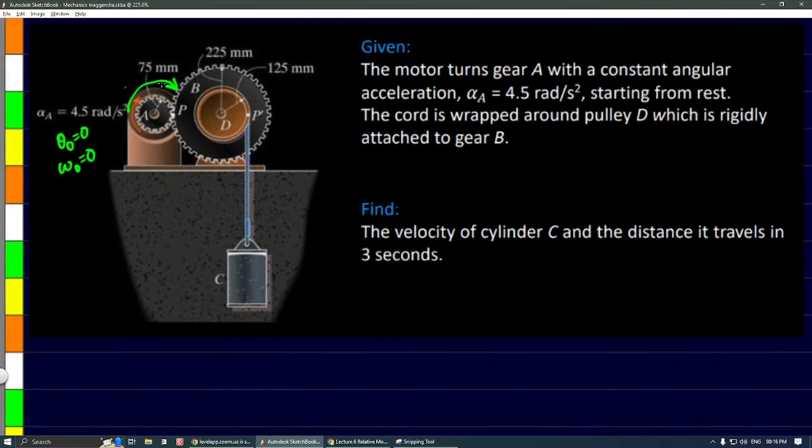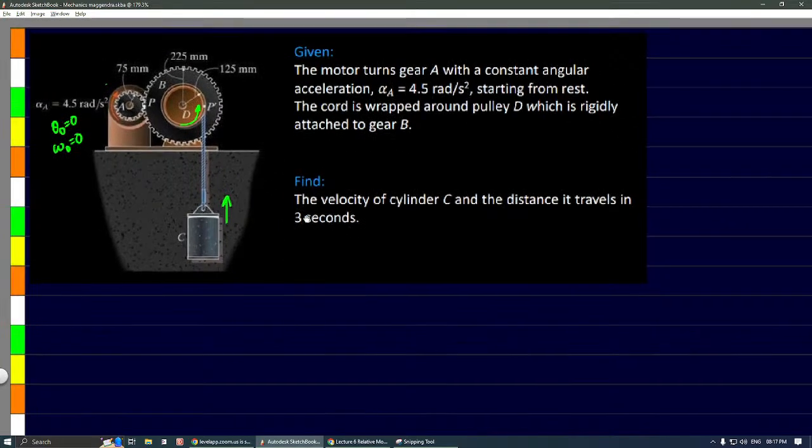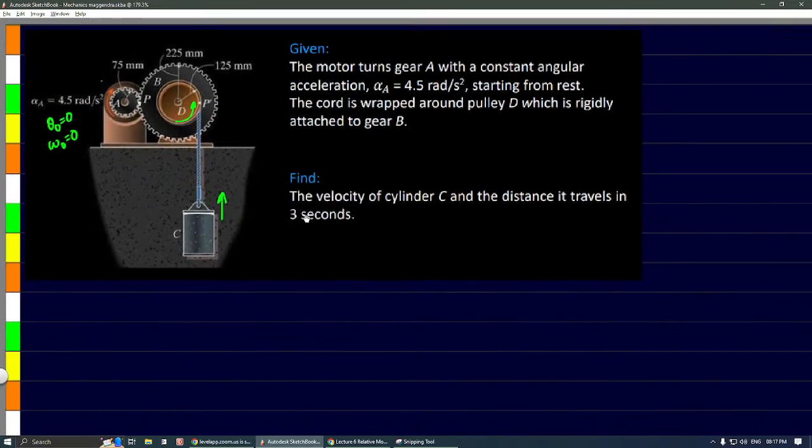So gear A is rotating in this direction. So gear B will rotate in this direction, right? And this will be lifted up. C will be traveling upwards, correct? So we need to find the velocity of C and the distance it travels in 3 seconds.